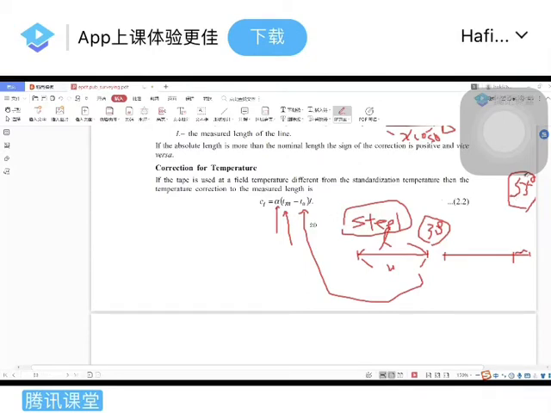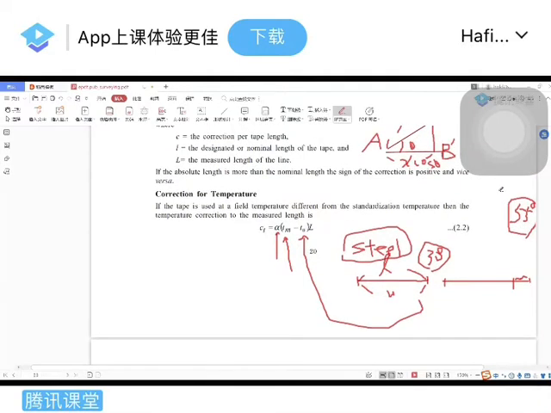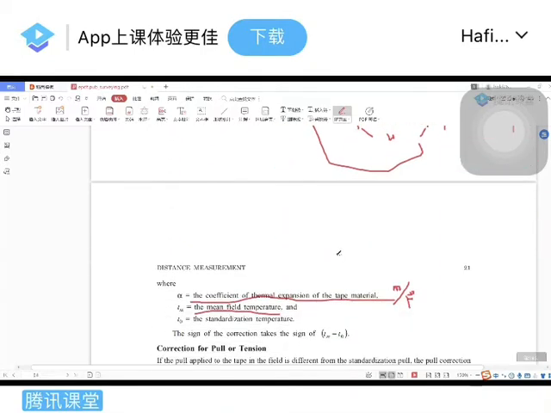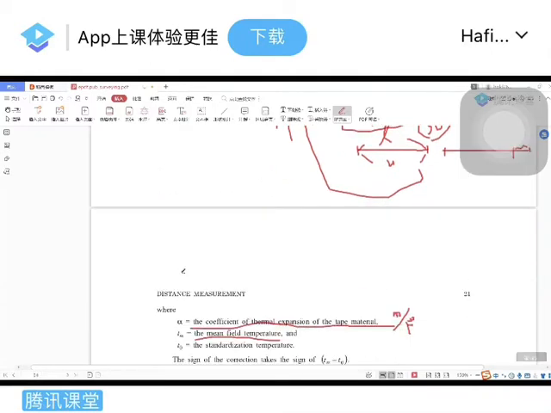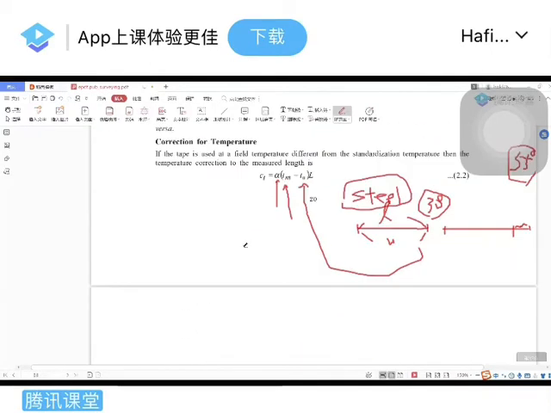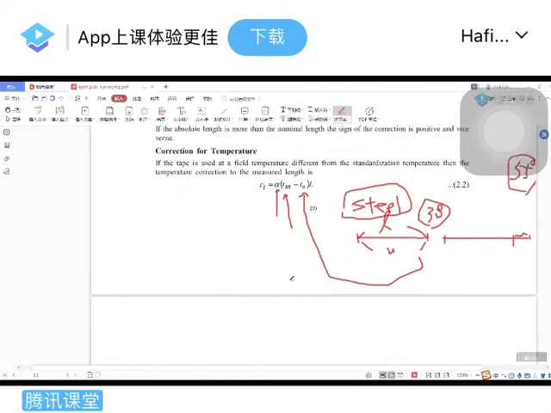So Tm will be 55, but this 55 is the average temperature over a period of time, rather than just one point. Because at one point in the middle of the day the sun tends to make it hotter, you can't just take that temperature. You have to average out the other temperatures as well, and that equals Tm. M stands for mean temperature. Here you have a field temperature, because you are normally using a tape outside the room. Otherwise there would be some distortion as well.